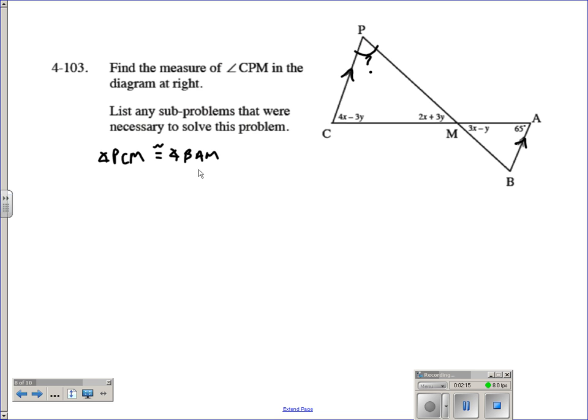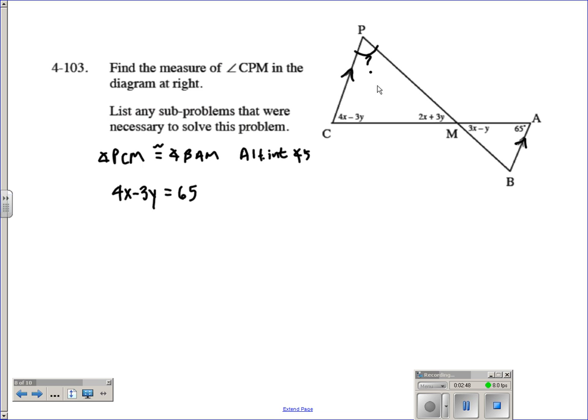Bam! I know you saw that coming. We know those are congruent because they are alternate interior angles. So this angle measure is congruent to this one. The angles are going to be equal, so 4x minus 3y should equal 65.